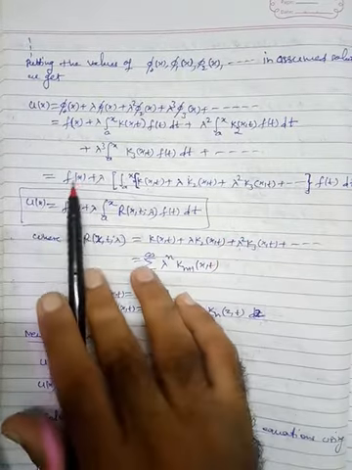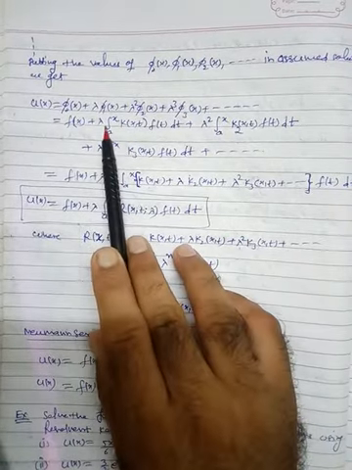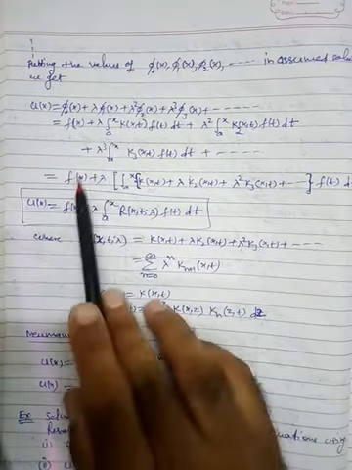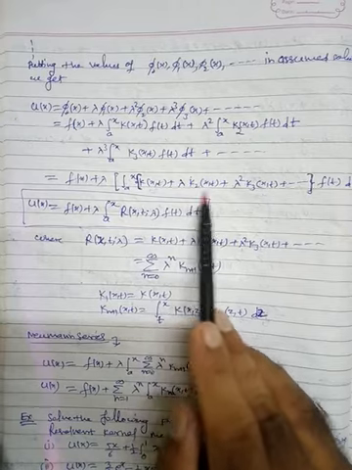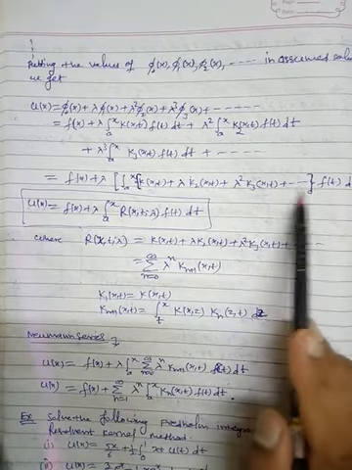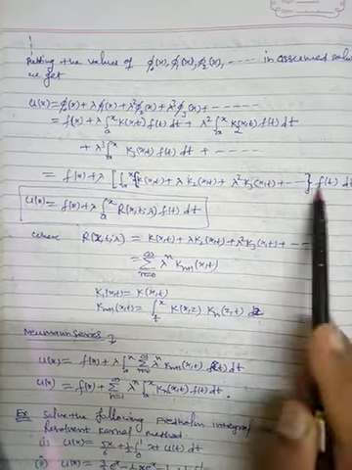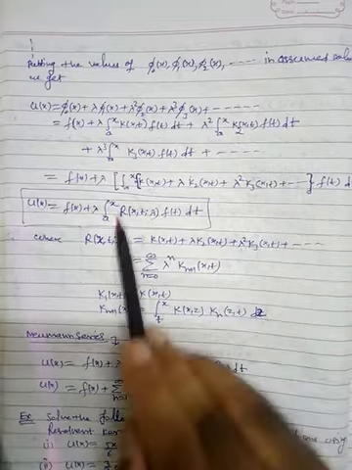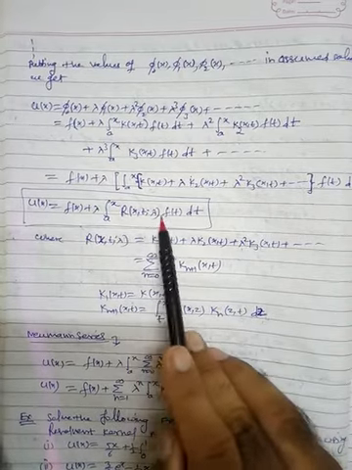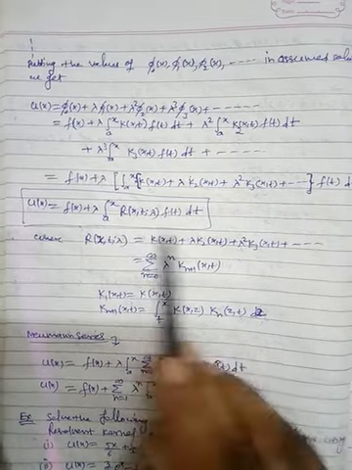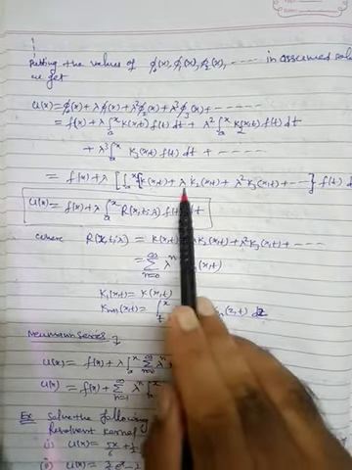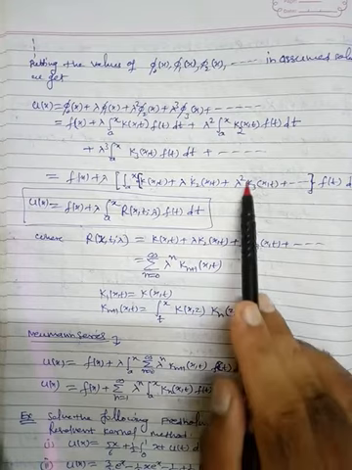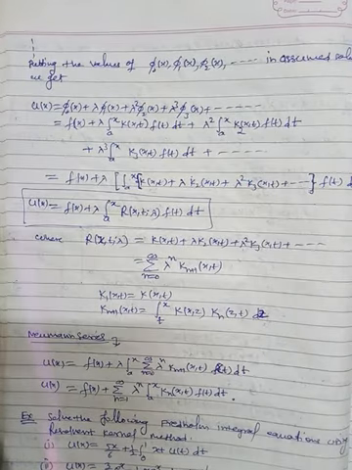Now what will we do? We take lambda common from here to here. So we get f(x) plus lambda, then integral a to x of k(x,t) plus lambda k2(x,t) plus lambda square k3(x,t) and so on, then f(t) dt. And this can be written in the form of the resolvent kernel R(x,t;lambda) f(t) dt. So here R(x,t) is nothing but this series k(x,t) plus lambda k2(x,t) plus lambda square k3(x,t) and so on.